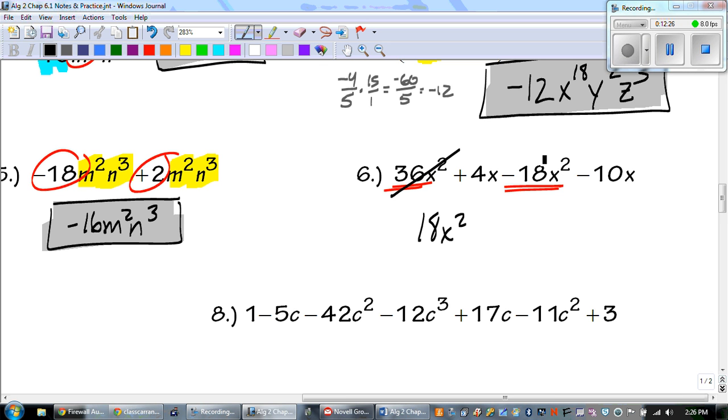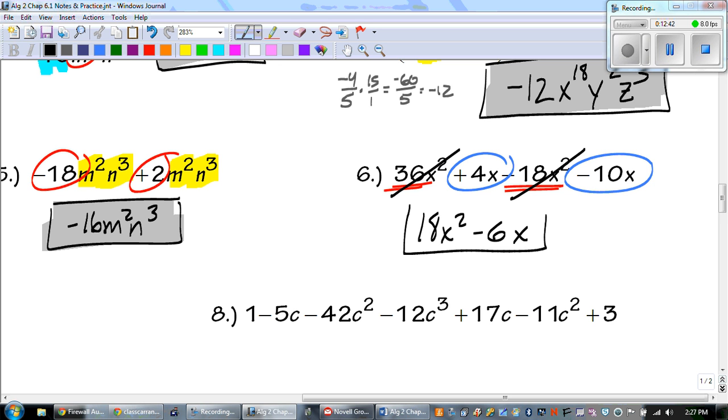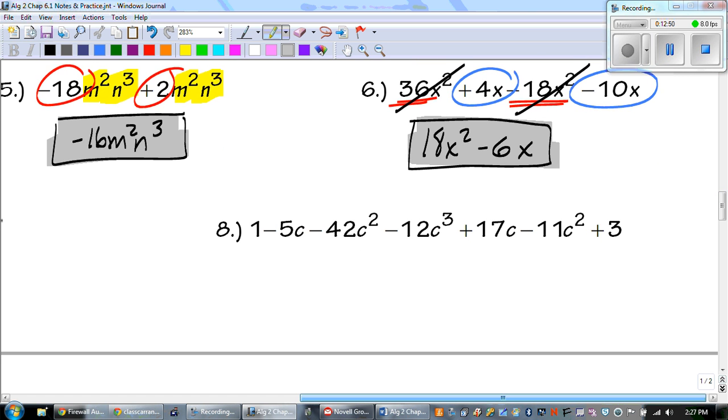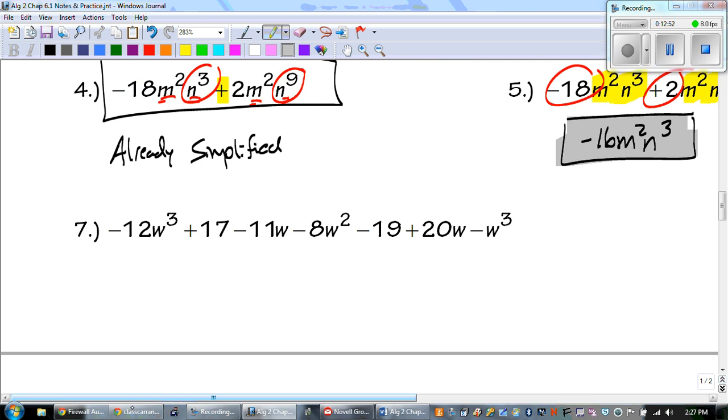Now, I've already handled those, so I'm going to cross them out. And what's left? I have 4x minus 10x. Those are the same variables, so they're like terms. 4 minus 10 is negative 6. And then we're left with x.